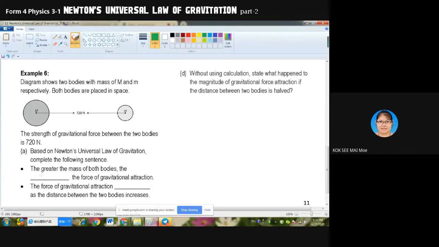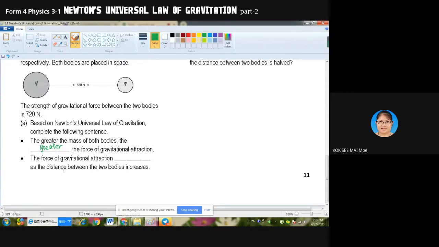Greater mass. What do you think about the force? Greater. This is just like when I first asked you to calculate Jupiter and Mars. When the mass of the planet is bigger, that means the gravitational force is bigger. Next, the gravitational force of attraction, how, as the distance between the bodies increases?